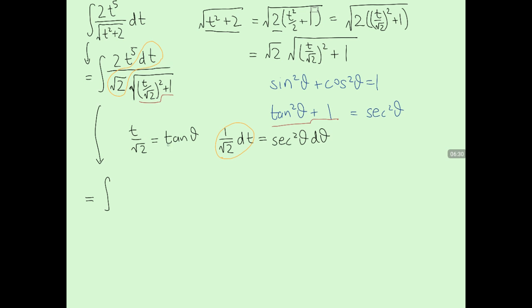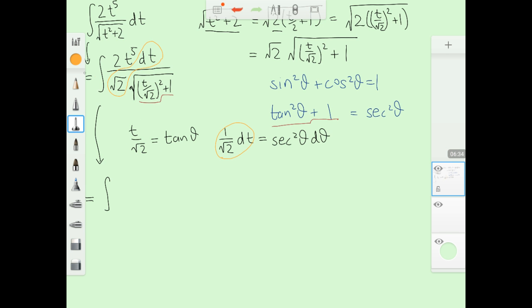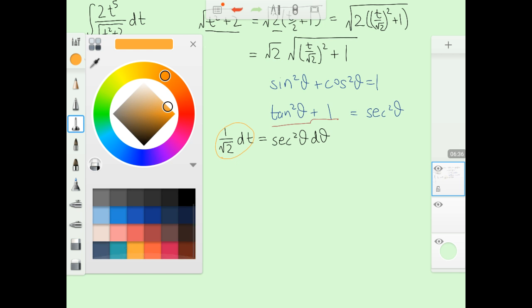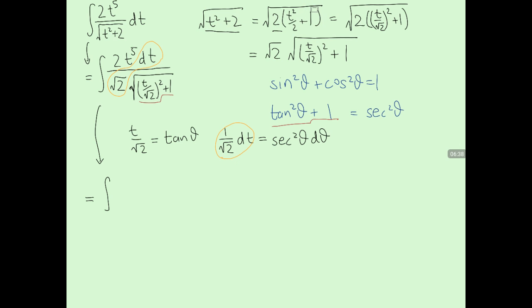And we also have our t over root 2. So our t over root 2 can be replaced by our tangent theta. So this t over root 2 inside this bracket over here can be replaced by tangent theta.